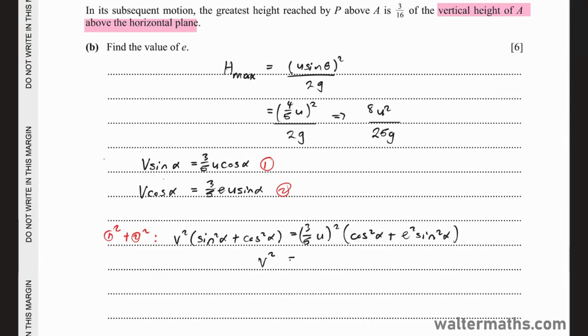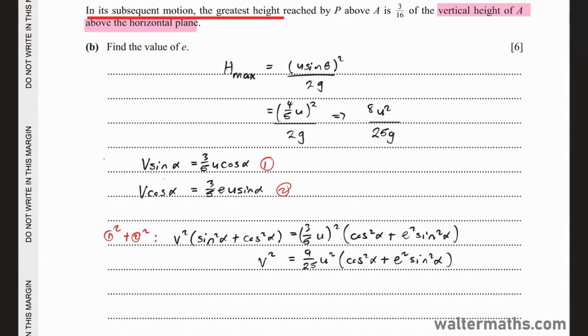So v squared is equal to 9/25 u squared times (cos squared alpha plus e squared sin squared alpha).